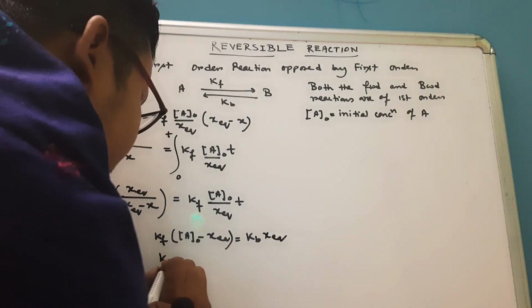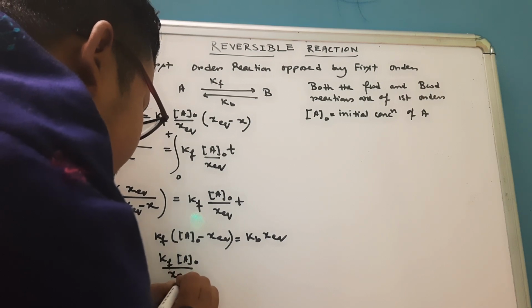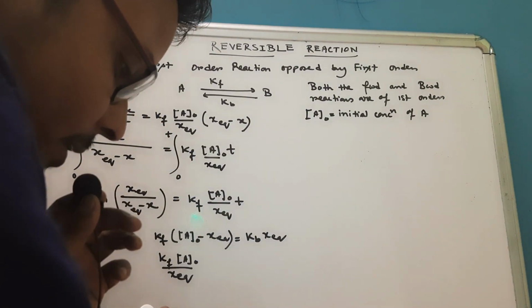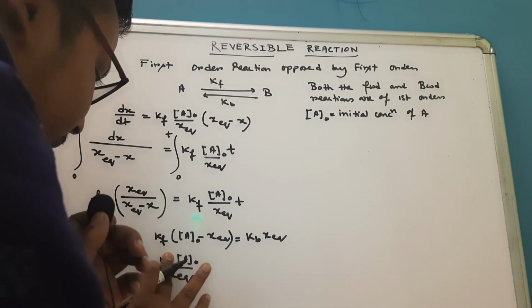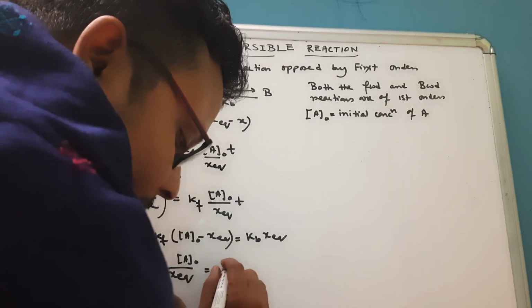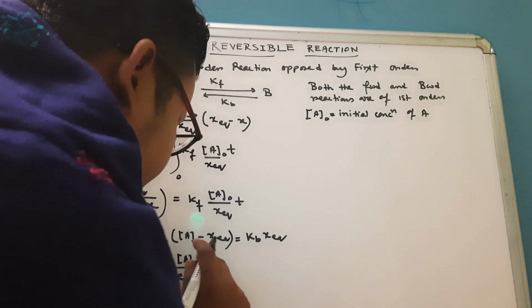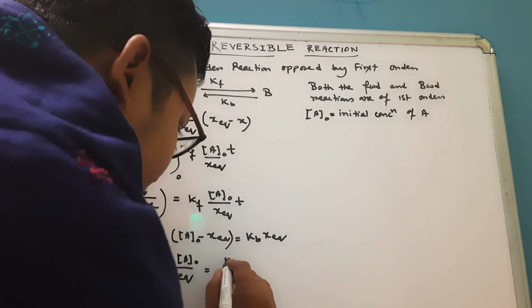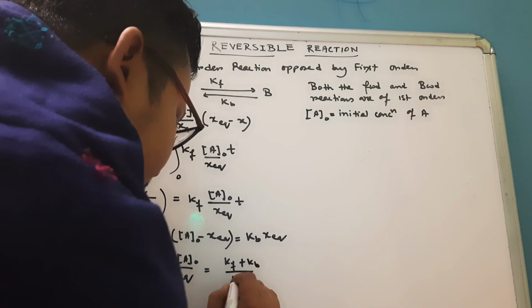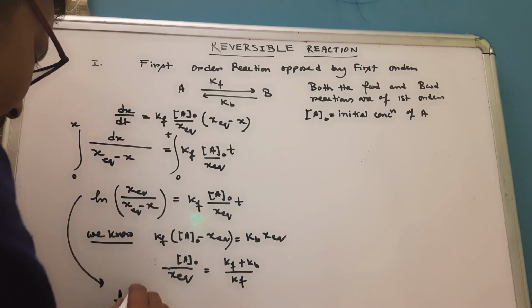So Kf into A0 by x equilibrium equals Kf plus Kb, which implies Kf plus Kb by Kf.